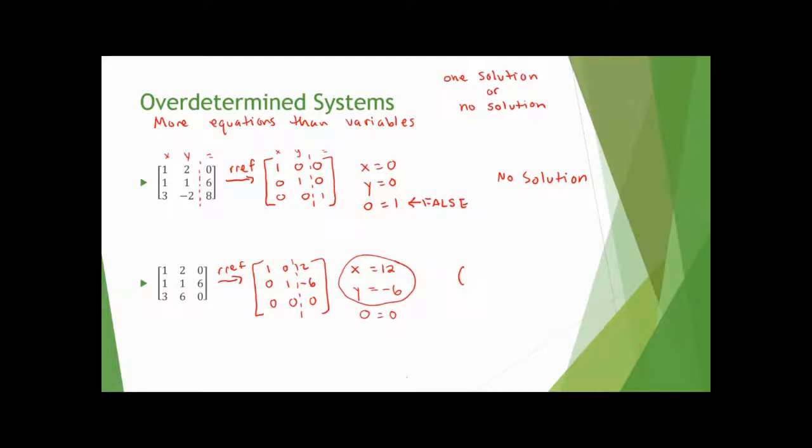Because we didn't get a contradiction, we have one solution, 12, negative 6. So when you're solving with matrices, if you end up with your third equation just getting a 0, that means it's an extra equation, it's redundant, and you really only needed the first two. Are there any questions on overdetermined systems?